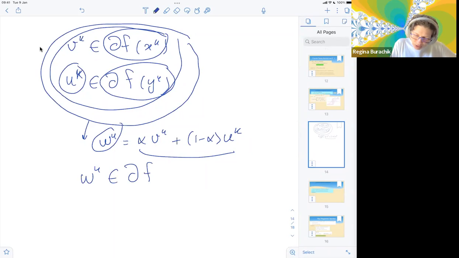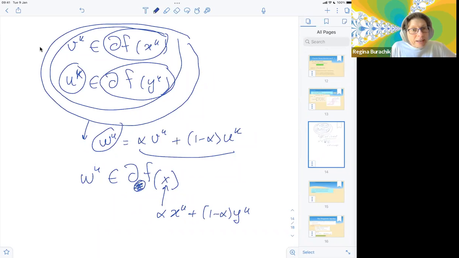So you don't know what happens here, and you don't know what happens here. So what you can do here is take alpha xk plus 1 minus alpha yk, but then you are no longer in the subdifferential. Where are you? You are in some epsilon k subdifferential.